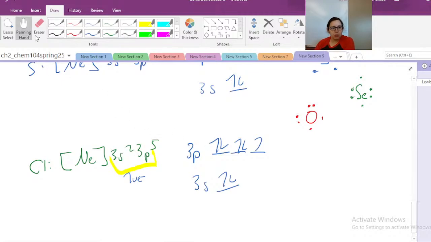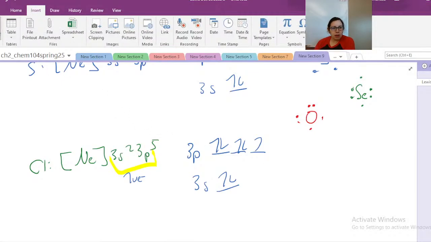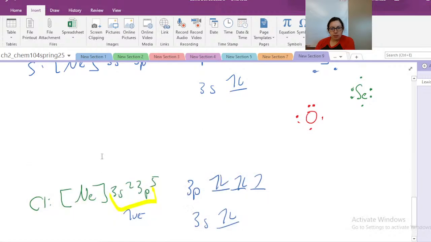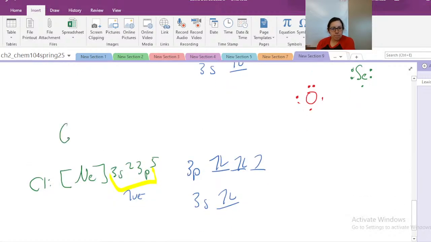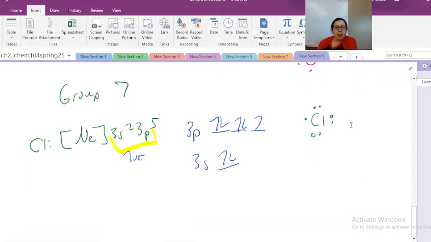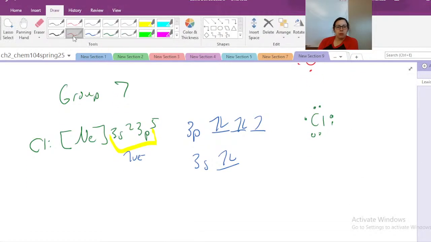Again, all the group 7s are going to look alike. So chlorine, 1, 2, 3, 4, 5, 6, 7. I probably should have filled it up properly, and then all the rest will look the same, bromine, and it doesn't matter where the one little electron is.